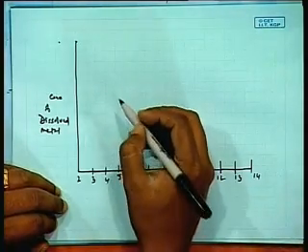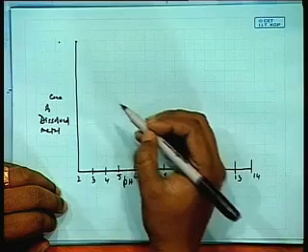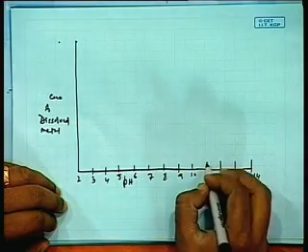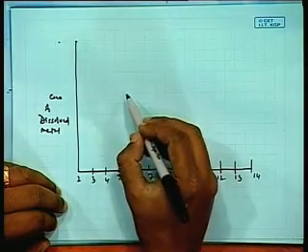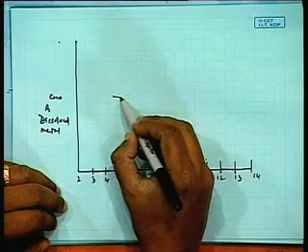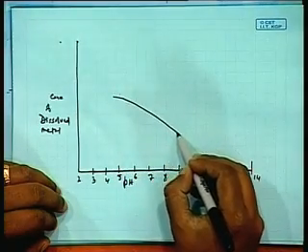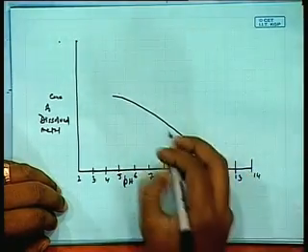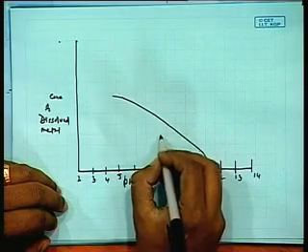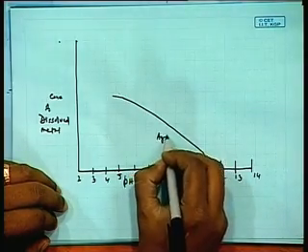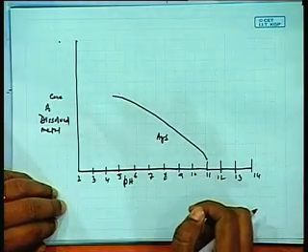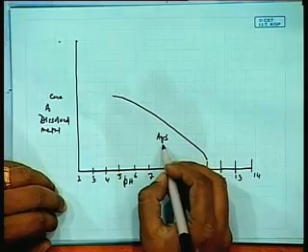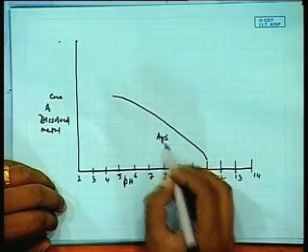What is important to observe here is, at about 11 pH, this is the Ag2S, this is silver sulphide.